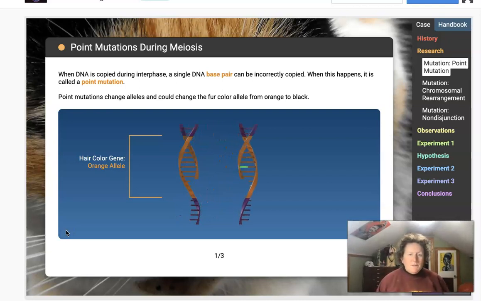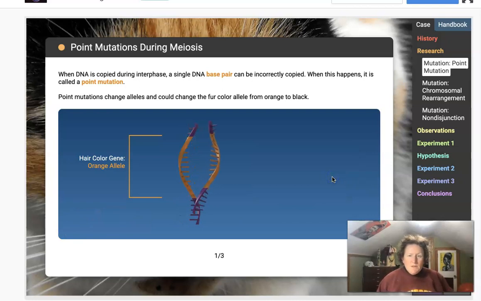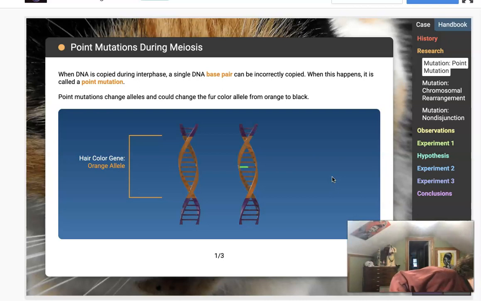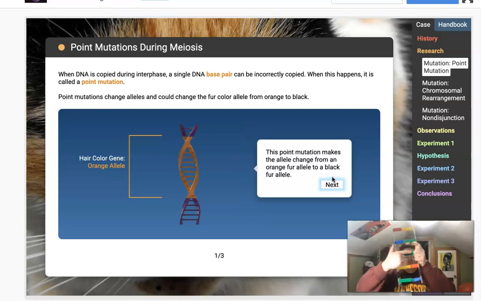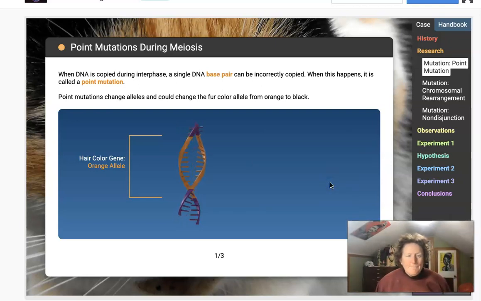When we copy our DNA, sometimes mistakes are made. If it's just happened in one nucleotide pair, one place where the base pairs meet up, that's called a point mutation because it only happens at one point.